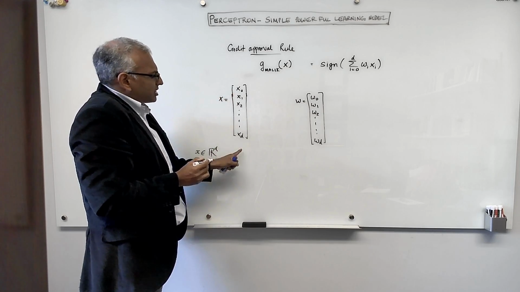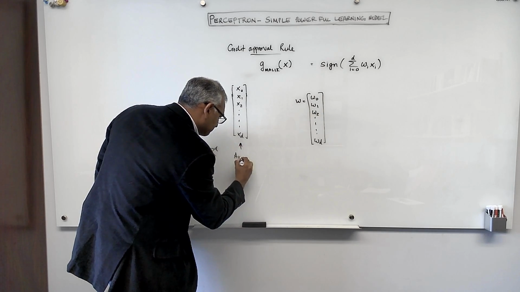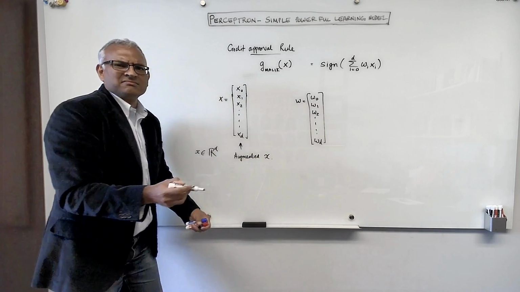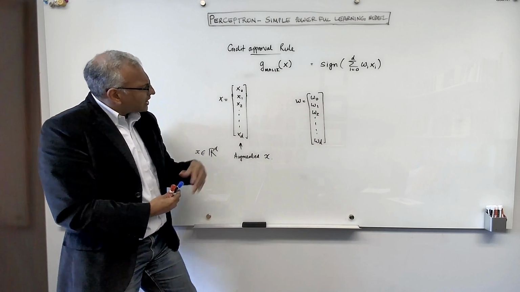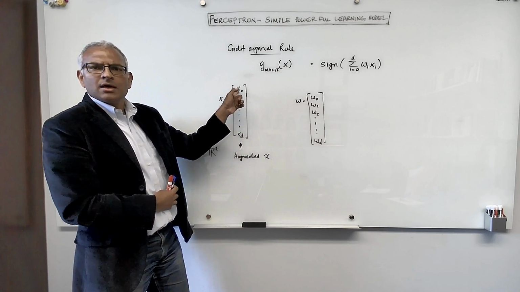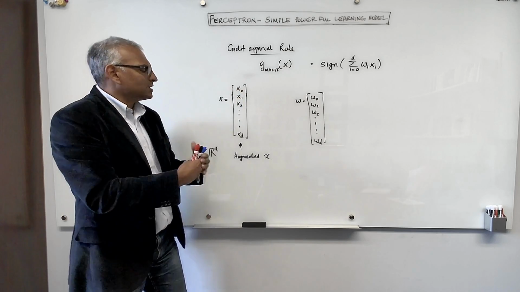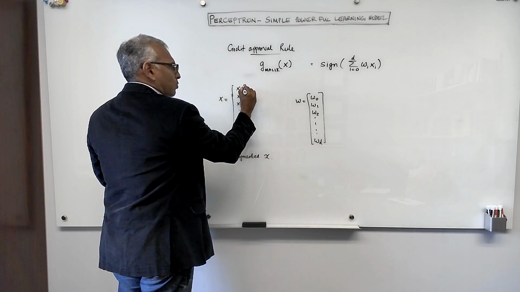So we're going to call this the augmented x. And there's no harm done here. Basically what I'm assuming is that, whenever you collect your features of the applicant, just put in a 0th component at the top, which we're calling x0, and set it to 1. So it's always equal to 1.